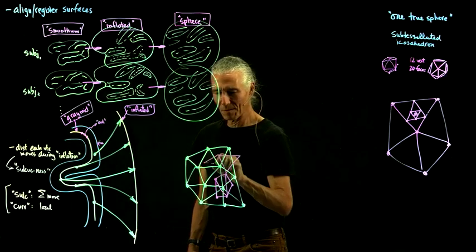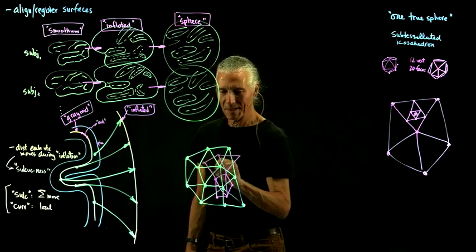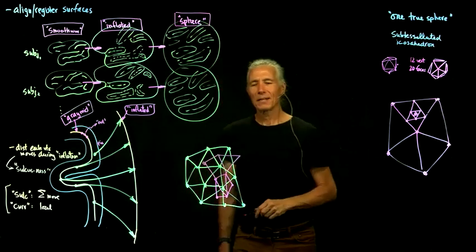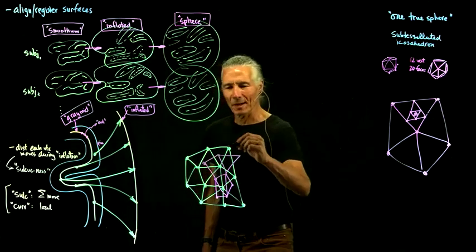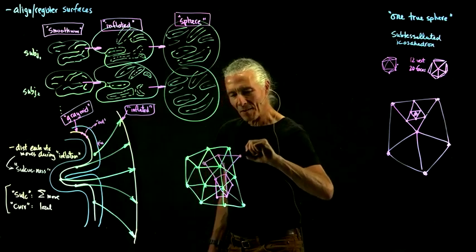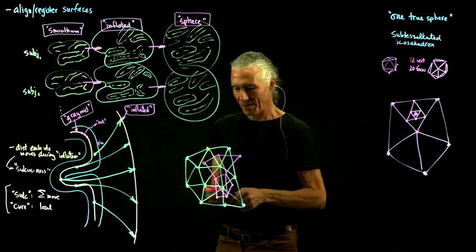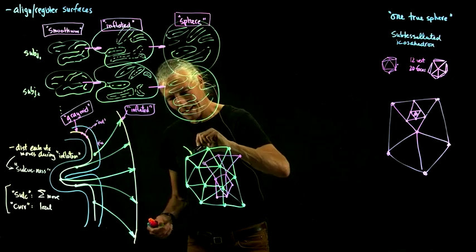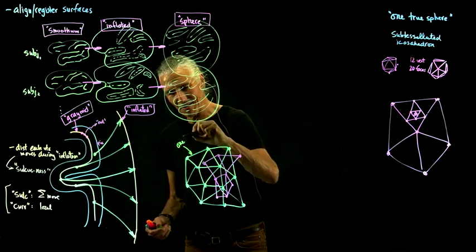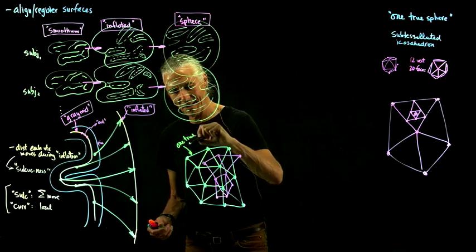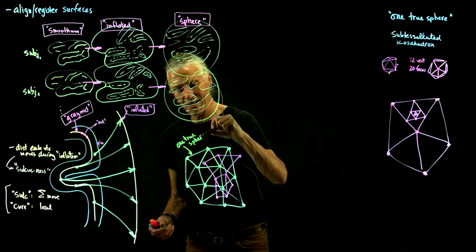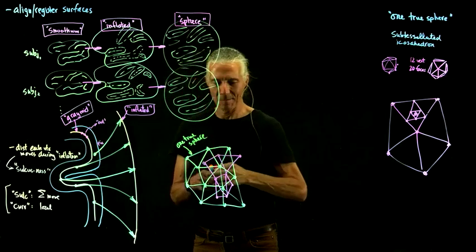Whatever, it's a complicated mess. Okay, so we got that mesh. And so basically what we want to do is, so this guy, say, one true sphere, and this guy is subject N.